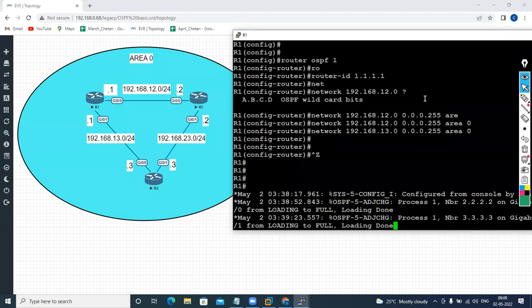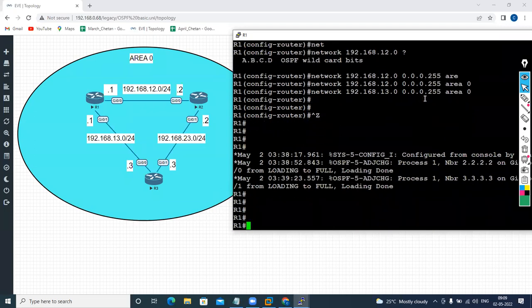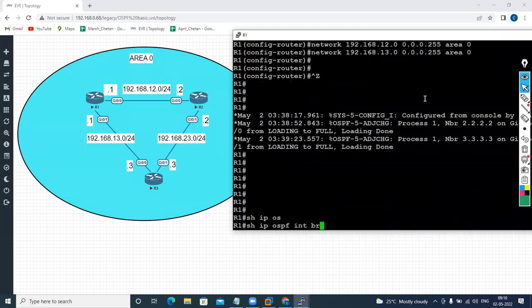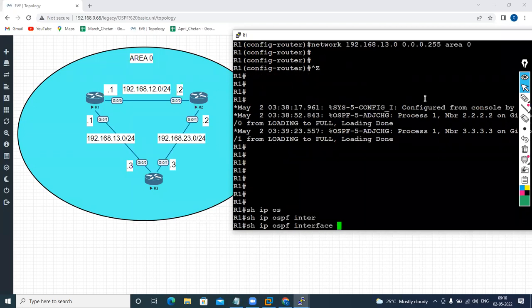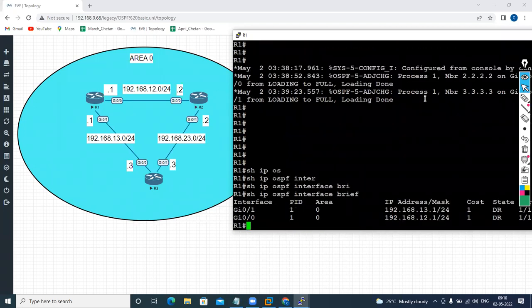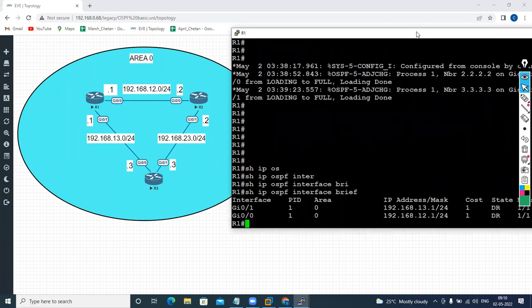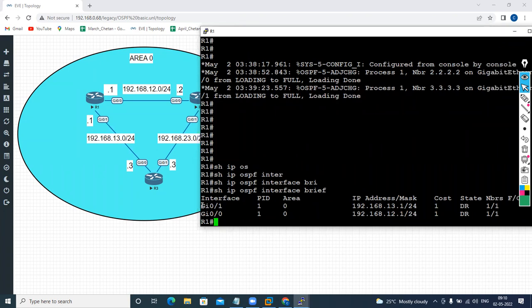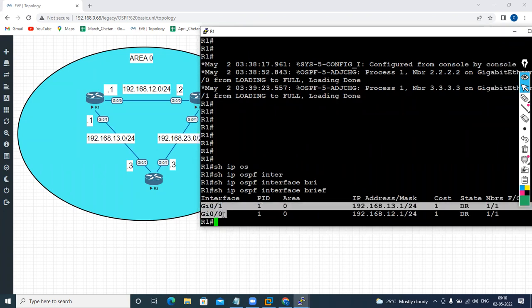Now, first command to check. In order to check which interfaces are enabled under OSPF, the command is show ip ospf interface brief. This command will show you where you have enabled OSPF 1. So you have enabled OSPF 1 on Z0/1 and Z0/0.